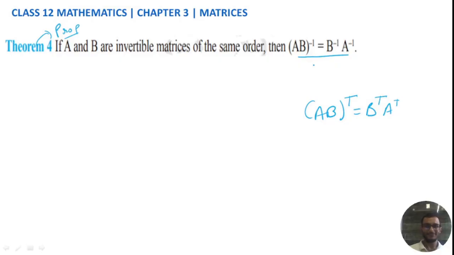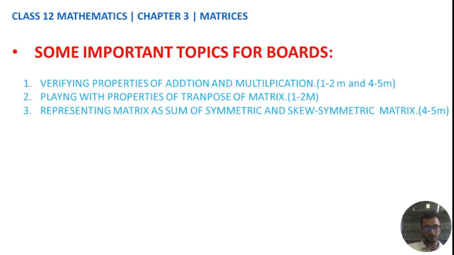Still something is there for you, some important topics for the exam perspective. Okay, so some important topics for the boards. First is verifying properties of addition and multiplication. We did properties of addition and multiplication, right? Associative, commutative, distributive was there for multiplication.